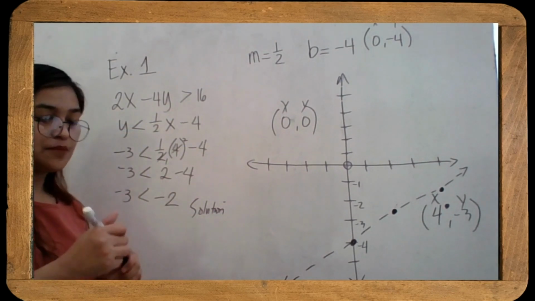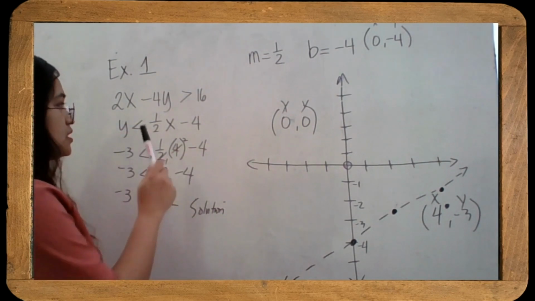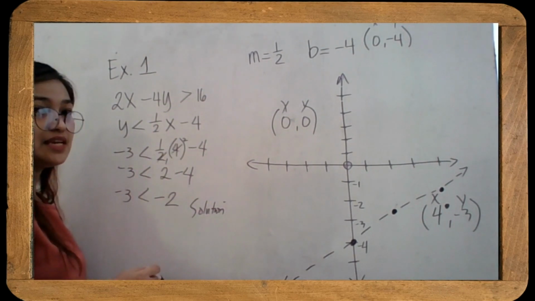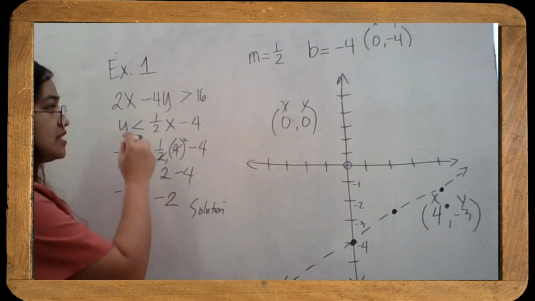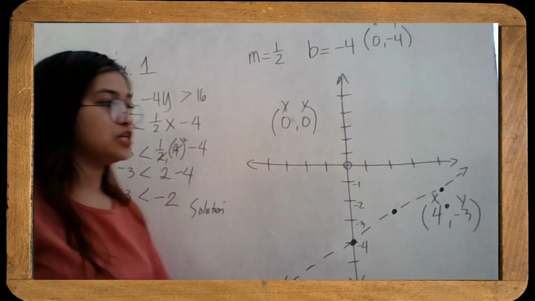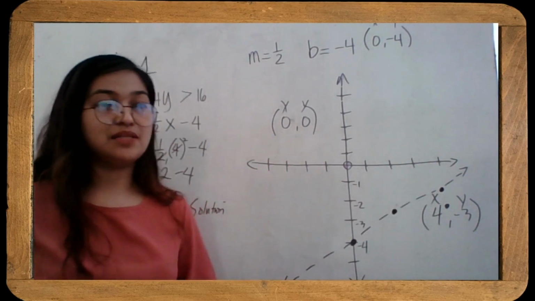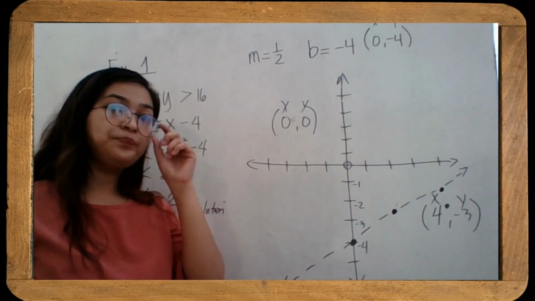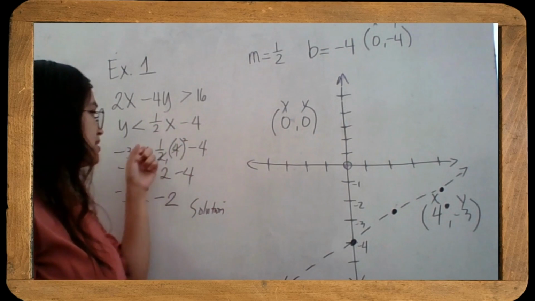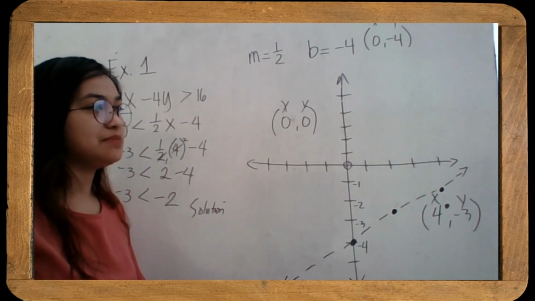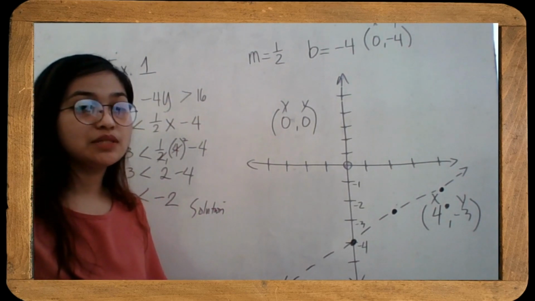Okay? Na-prove natin na 4 and negative 3 ang nag-satisfy sa inequality. That means doon tayo mag-shade kung nasaan si 4 and negative 3. Which is tama rin naman kanina. Di ba yung sabi ko nga sa inyo, kapag less than yan, ibig sabihin, below the boundary line.